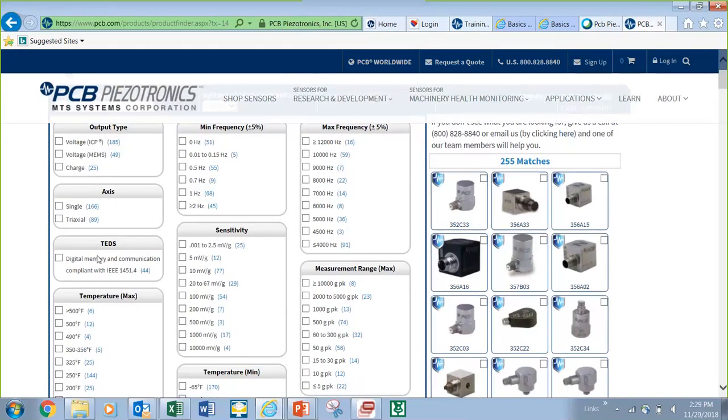TEDs, which we haven't covered, essentially is a transducer electronic data sheet from a specific definition. But essentially it's a double EEPROM that's on board the transducer that stores pertinent data of the accelerometer.